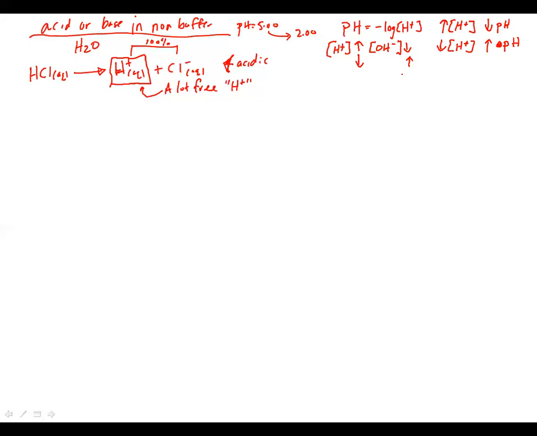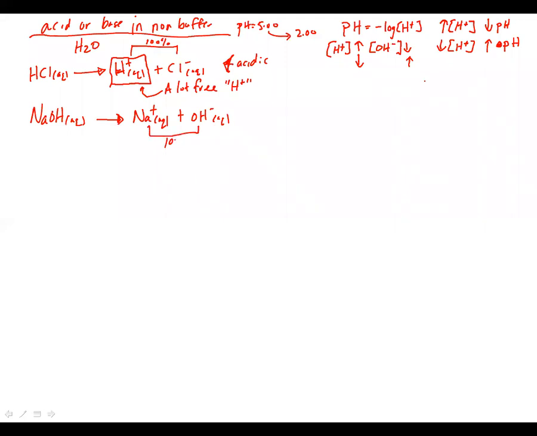Now, if we took water, which again is not a buffer, and we decided to add a base to it, something like sodium hydroxide, again, because it's a strong electrolyte, it is 100% going to break apart into sodium ions and hydroxide ions. And same deal here, 100% of what we've got going on is going to be these ions.